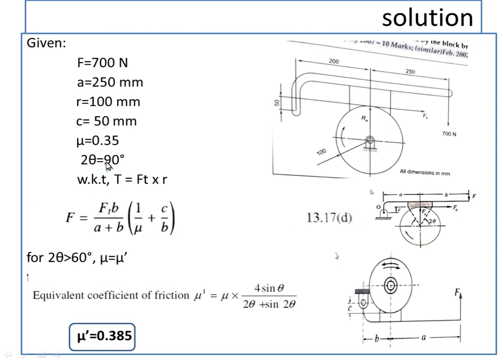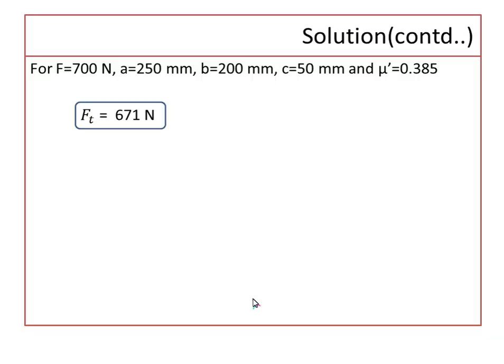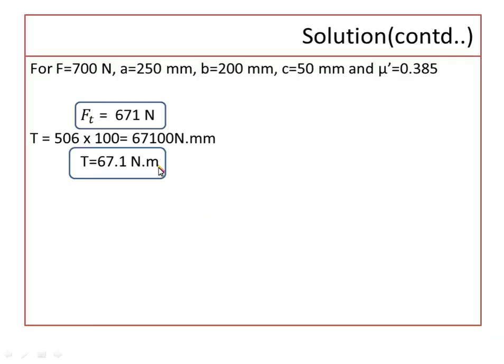If it is greater than 60, you substitute mu as mu dash, the equivalent coefficient of friction, which is more than the previous one due to the pressure conditions. That is how we solve this problem, and the torque you get is 67.1 Newton meter. I hope you have understood the problem.